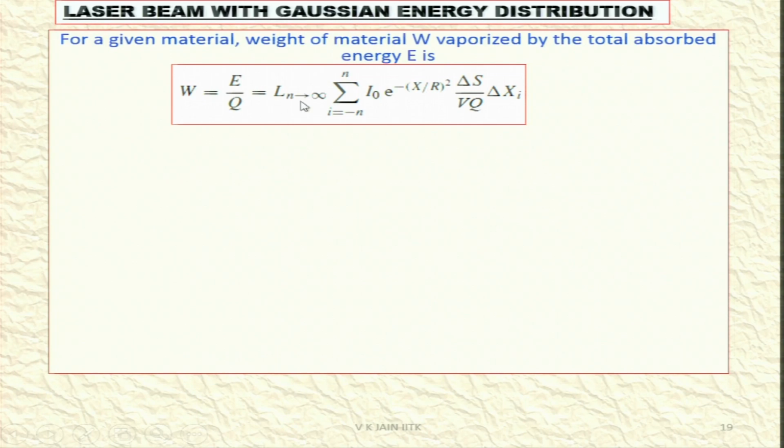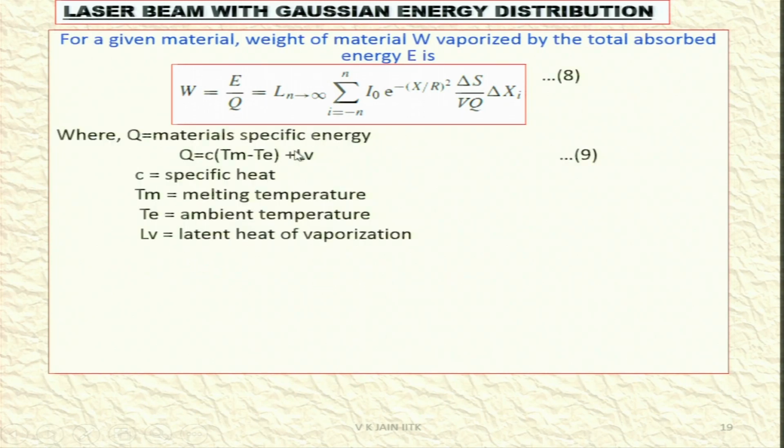E is the limit n tending to infinity, the summation from minus n to plus n of I0 e raised to power minus (x over r) whole square, delta S over V, Q, delta Xi. We have already derived this equation earlier.